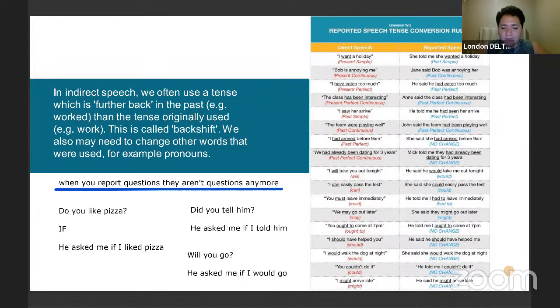Are you okay? Entonces vamos a hacer reported speech con esta pregunta. Are you okay? ¿Estás bien? Ella me preguntó o él me preguntó si estaba bien. So how can you say that in reported speech? Please write it here in the chat.